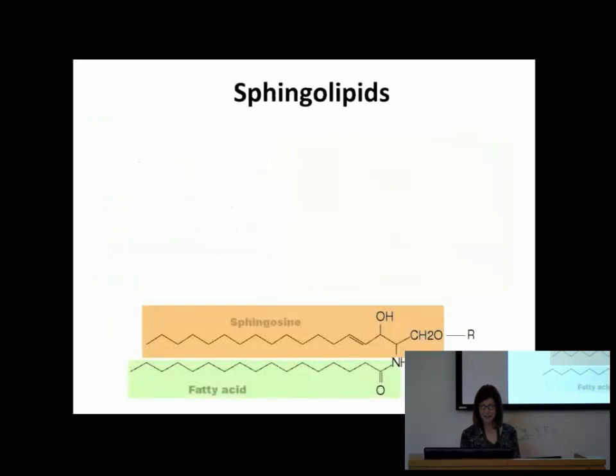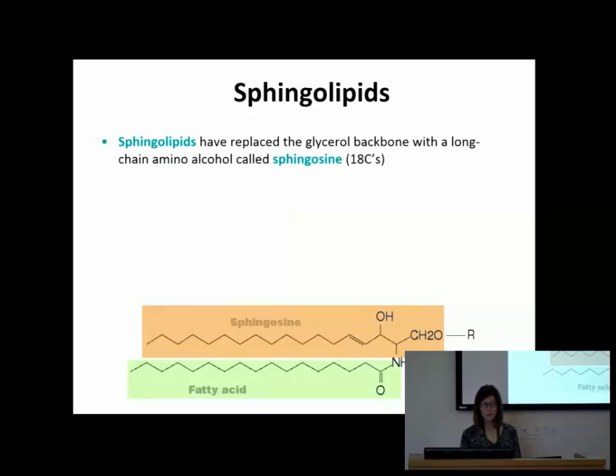In our triglycerides, we're putting together glycerol with different fatty acids. In a sphingolipid, instead of putting different things on the glycerol molecule, we're going to put different things on a sphingosine molecule. Does that make sense?